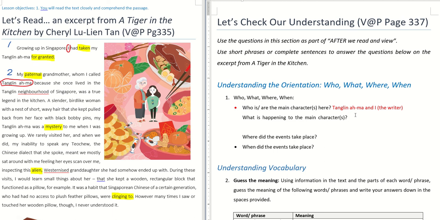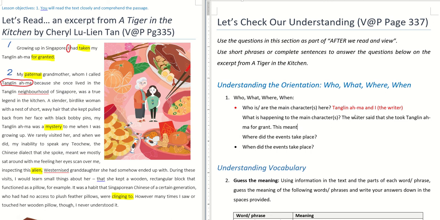The writer said that she took Tangling Ama for granted.